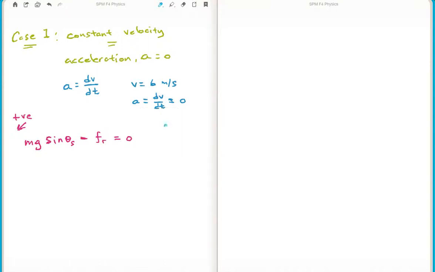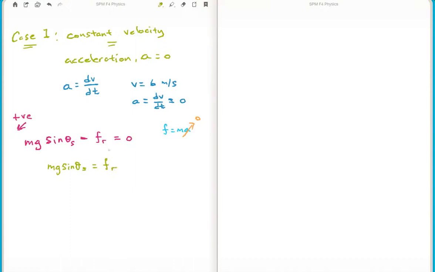Newton's law, ma. So when acceleration is equal to 0, the overall force is equal to 0. Overall, okay? Therefore you may say, okay, my mg sine theta, you need to get used to these unknowns.